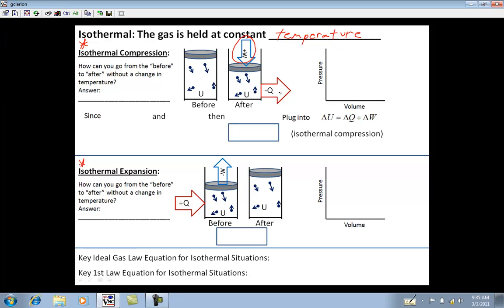Now, how is it possible? So this question here, and you need to know this: how can you go from this before situation, where you've got some internal energy, to the after situation without a change in temperature? Because if there's no change in temperature, will delta U change?